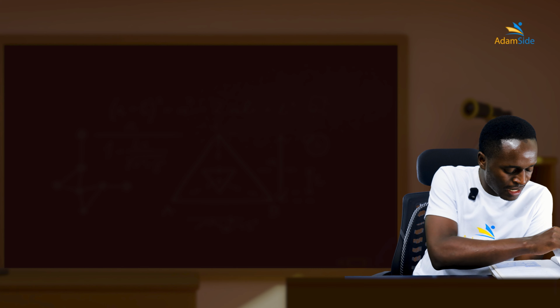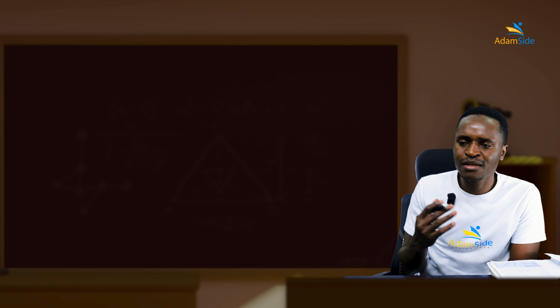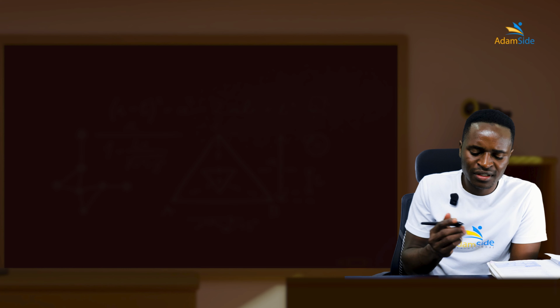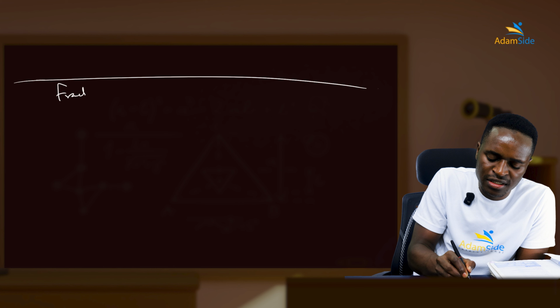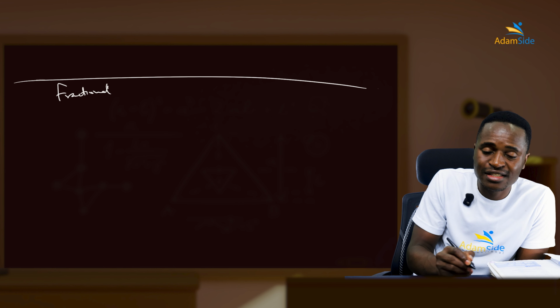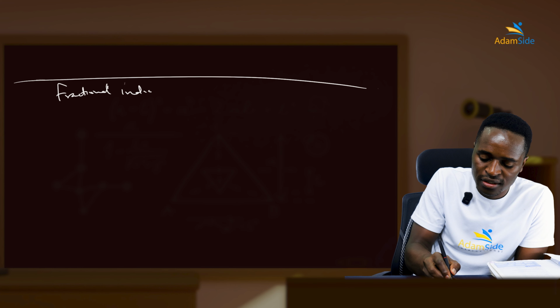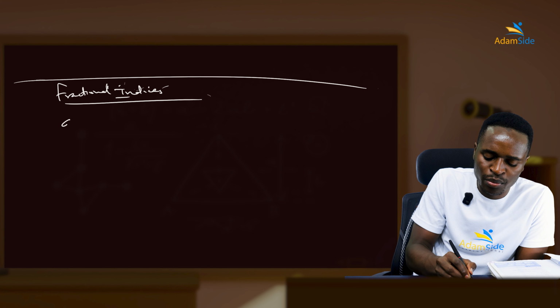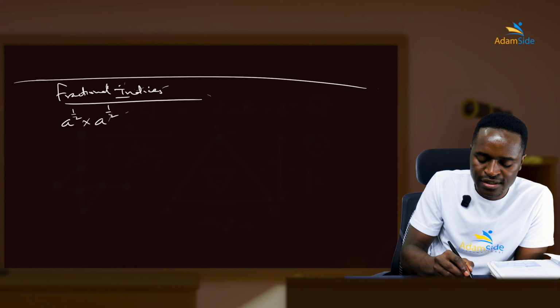Then we go now to the fractional indices. When you're given fractions, you still apply the same rule of adding powers. In fractional indices, instead of having whole numbers as powers, you have fractions. So let's say for example you have a power half times a power half.